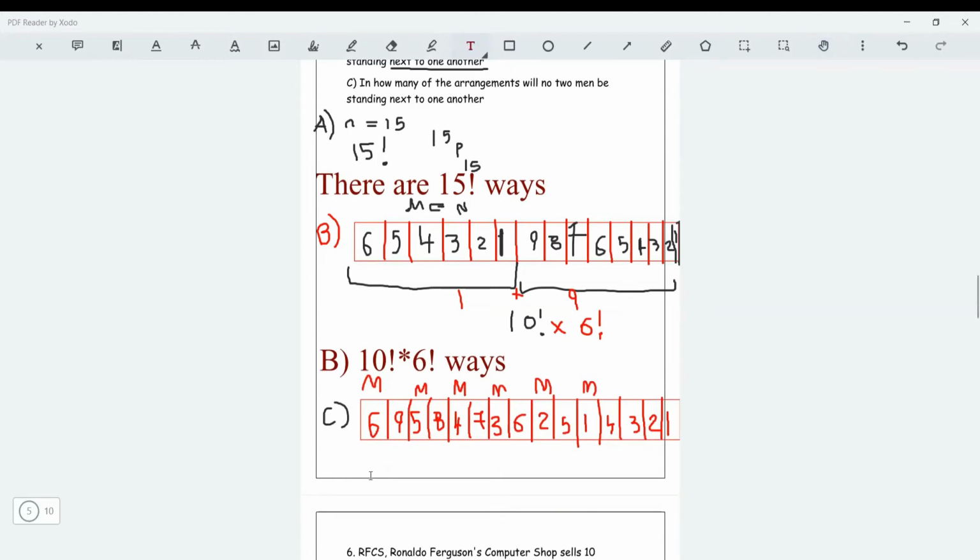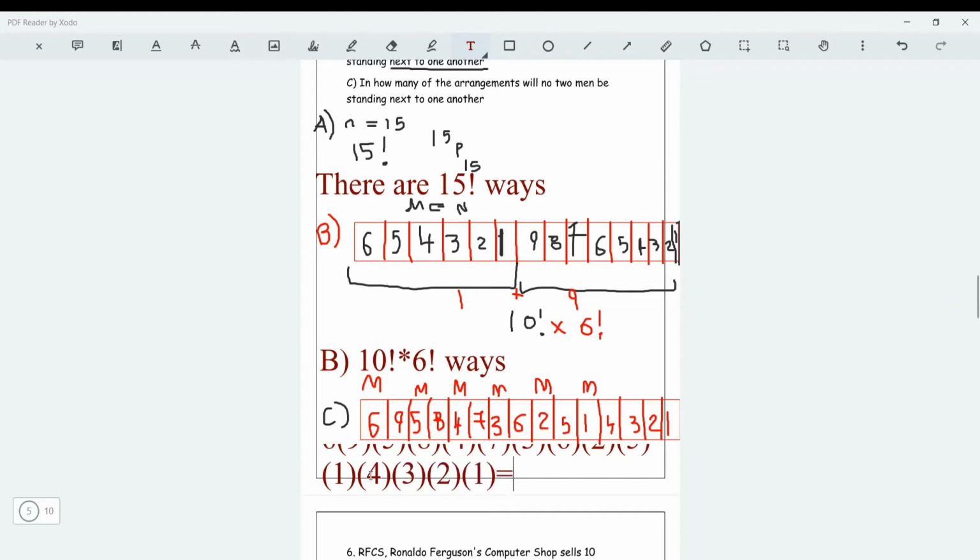All right, so you multiply out 6 times 9 times 5 times 8 times 7, times 4, times 3, times 6, times 2, times 5, times 1, times 4, times 3, times 2, times 1.